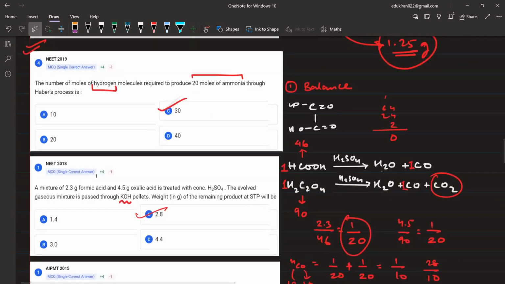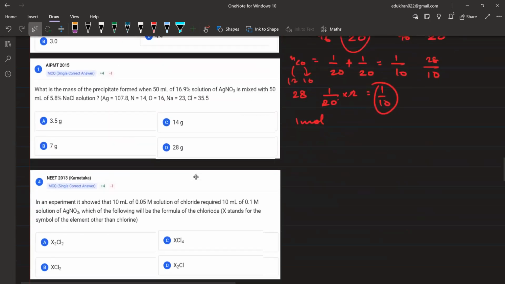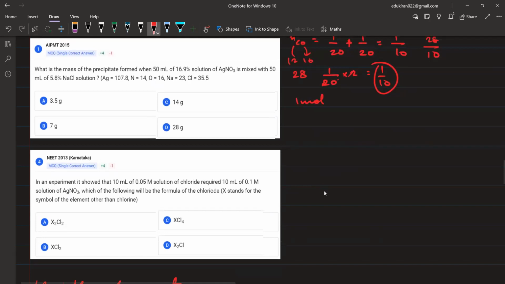Then write this question as homework. Take a screenshot. In an experiment, it showed that 10 ml of 0.05 molar solution of a chloride required 10 ml of 0.1 molar AgNO3. Which of the following is the formula of the chloride?